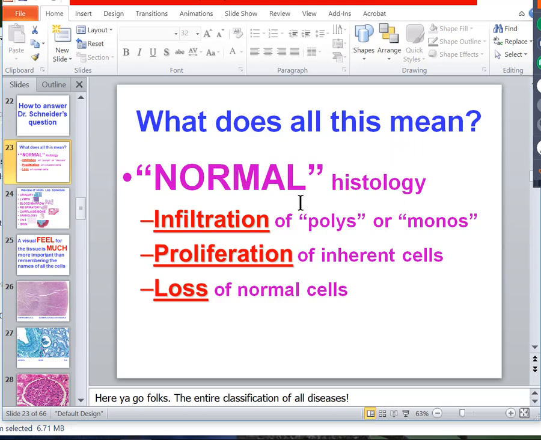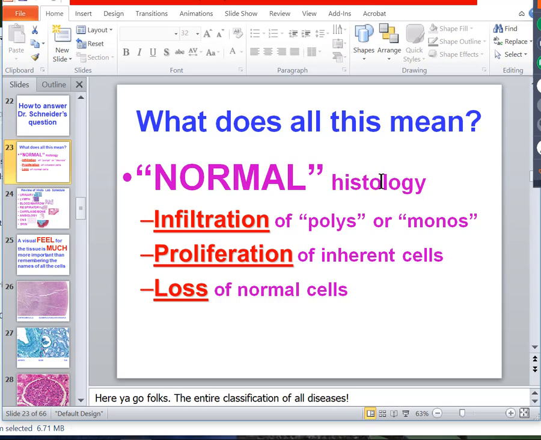If you, in your mind, can recognize normal major organs, which we're going to do in the lab today, like liver, like kidney, like lung, like heart. If you basically forget about the names of the cells, just look at them and you say, yeah, that's a normal lung.